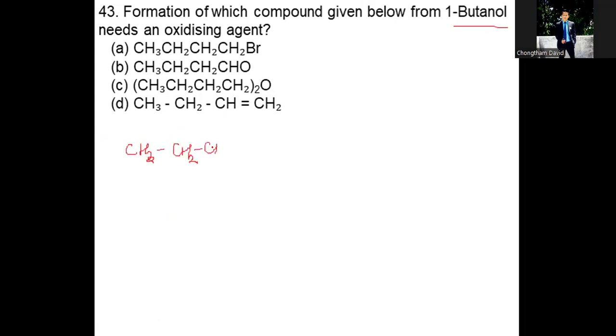Butane means 4 carbon. Butanol, oxidation. I've explained this before. Very important. Primary alcohol oxidation changes to aldehyde, which can further change to acid. This is your butanaldehyde. 43 will be B, right?